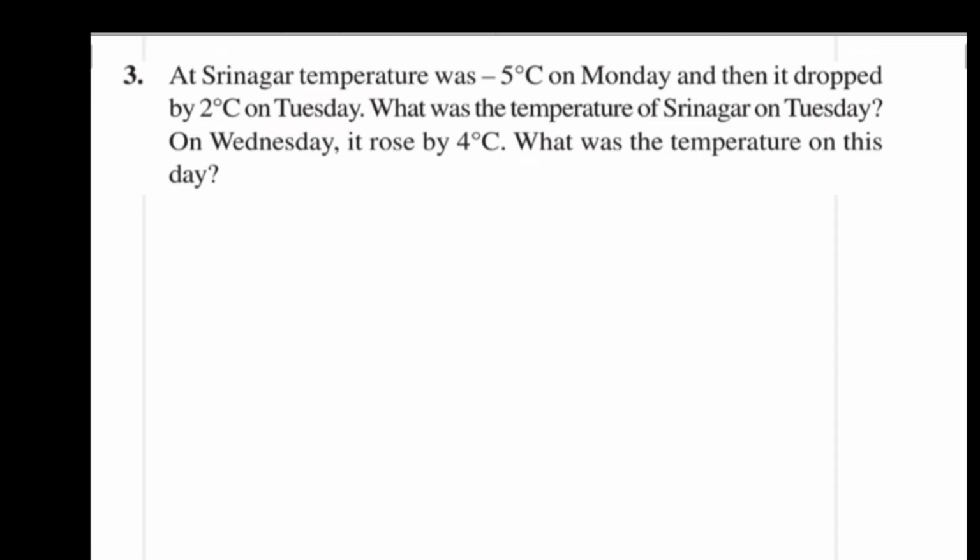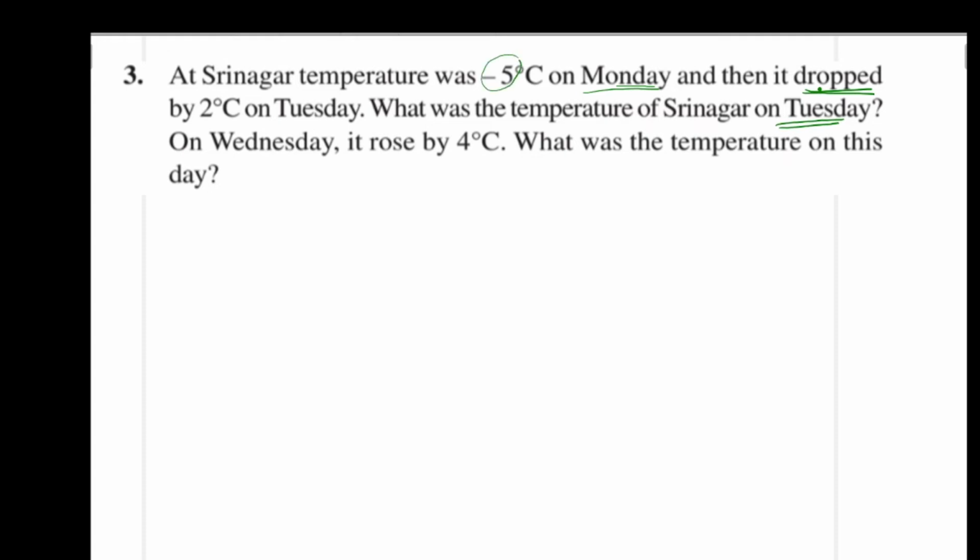Here it is given, at Srinagar, temperature was 5 degrees Celsius on Monday. Okay. And then it dropped by 2 degrees. Dropped means temperature is decreased. Okay. What is the temperature of Srinagar on Tuesday? That means on Monday it was minus 5 degree.